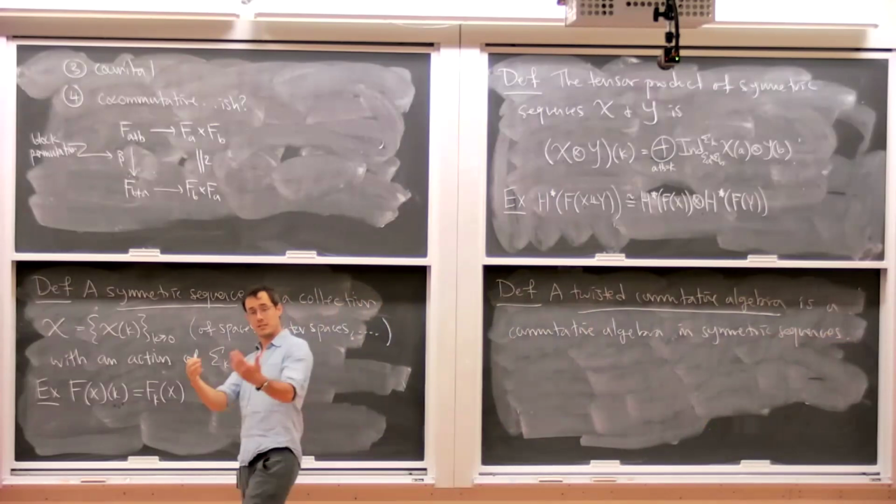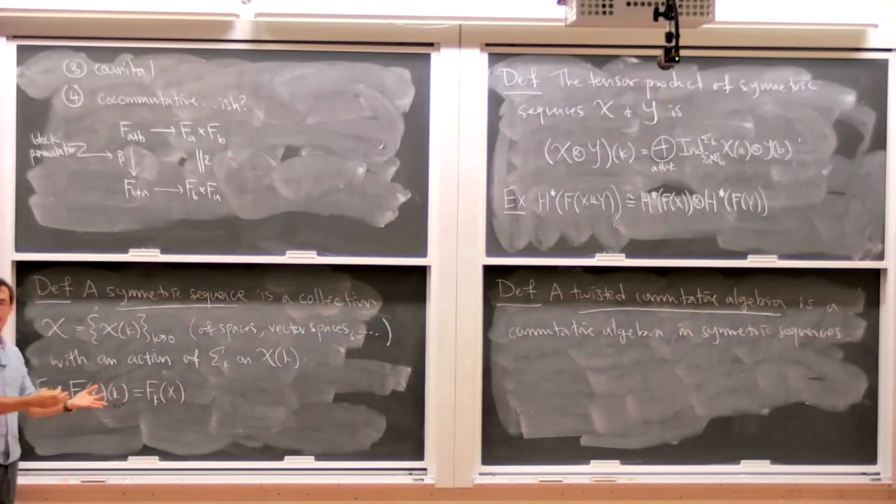So in other words, it's a symmetric sequence, and it's equipped with a map from it tensor itself to itself that is associative, commutative in this sense.